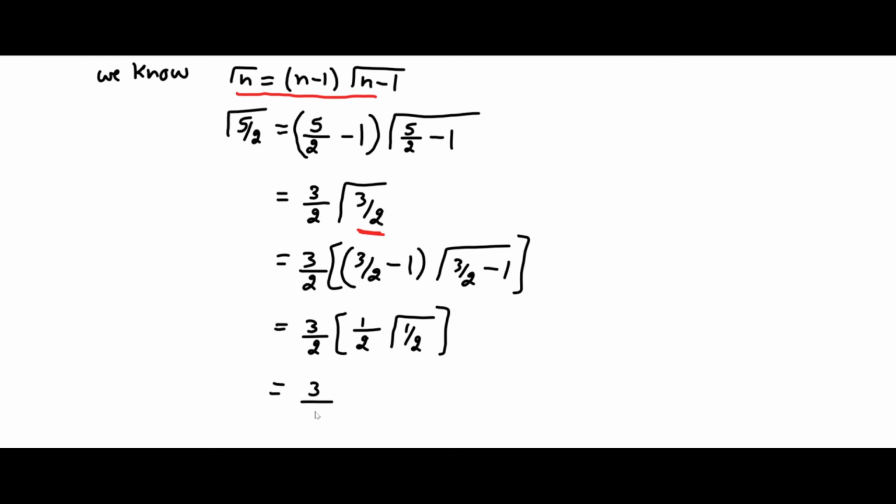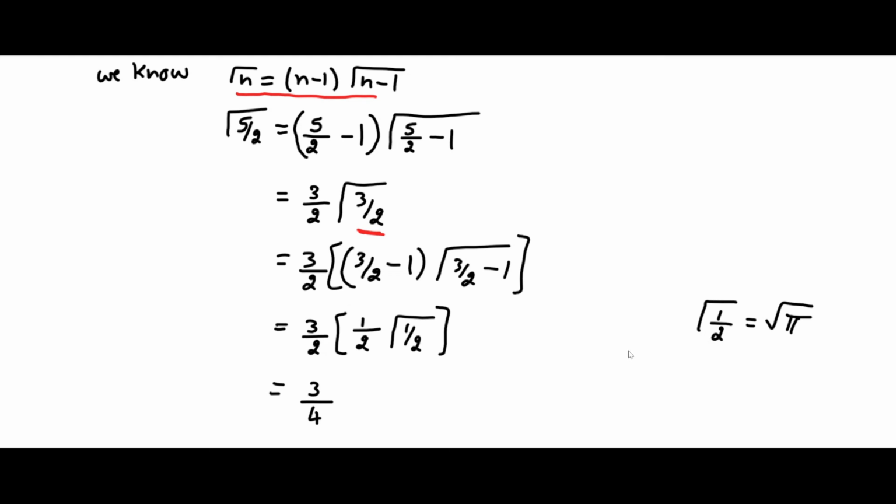3 times 1 is 3, divided by 2 times 2 which is 4, and the value of gamma of half is square root of pi. If you refer to a standard textbook, you will find the proof for gamma of half to be root pi.